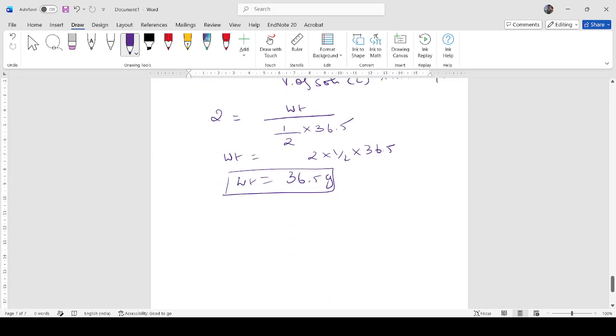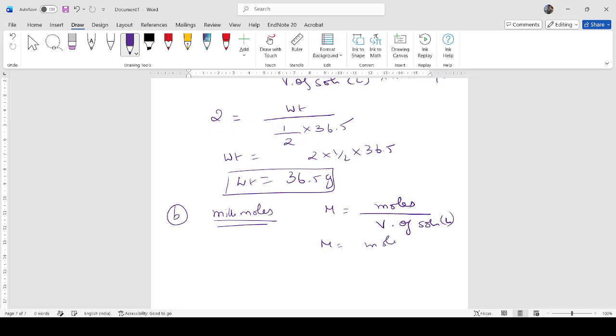The next way of question is with respect to calculating millimoles. I said molarity is equal to moles divided by volume of solution in liter. In case, ma'am, they have provided the volume in ml, then when I multiply molarity into volume in ml, what will I get?